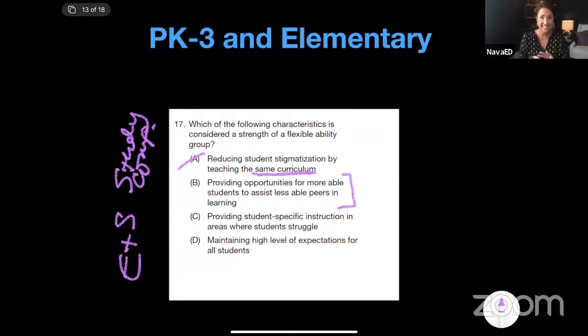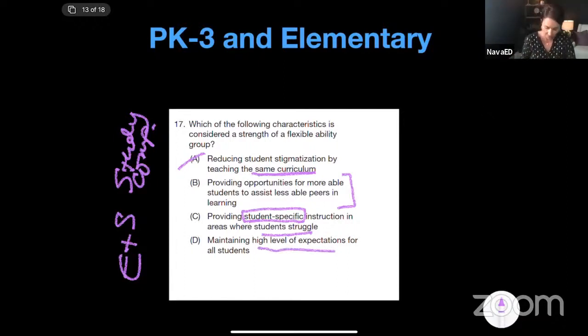I'm not saying that it's never the answer, but I'm not going to pick it as my good answer just yet, because if these kids need help, I don't want to put it on students who are higher level. I'm going to not eliminate it, but it's not my favorite. C, provide student specific, that's differentiated instruction in areas where students struggle. I like it. D, maintaining high level of expectations for all students. That's on my good words list. All right, so it's between C and D.